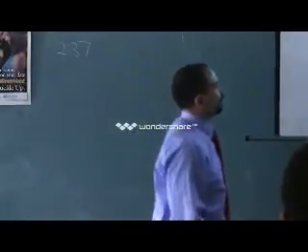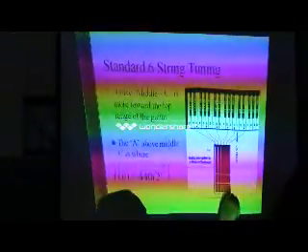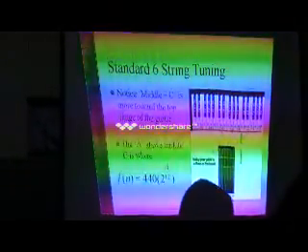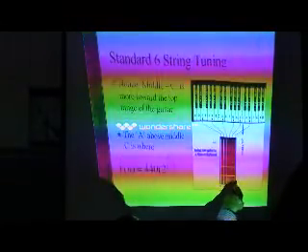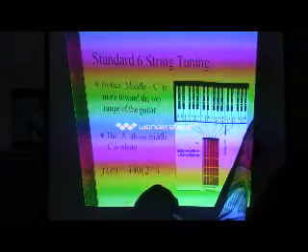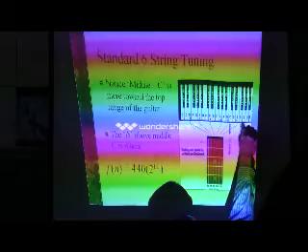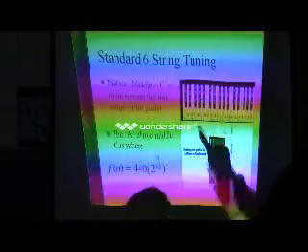So, for example, if we start at concert A and we want to move to the E, which happens to be the value of the high string, another high string on the guitar, how many keys do we move? Let's count them together, starting with G sharp. 1, 2, 3, 4, 5.